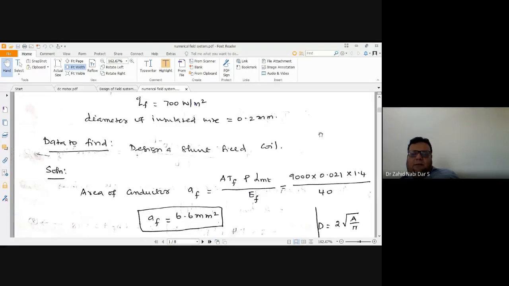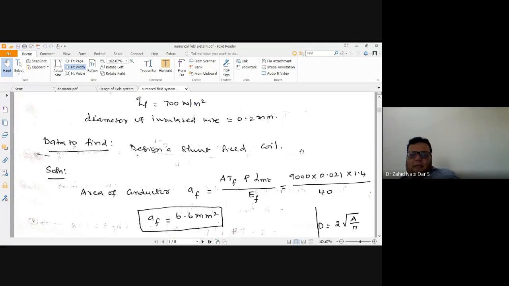Voltage is equal to I into R, so I is equal to voltage by R. AF into delta F is IF.